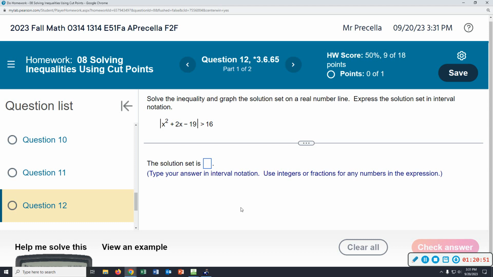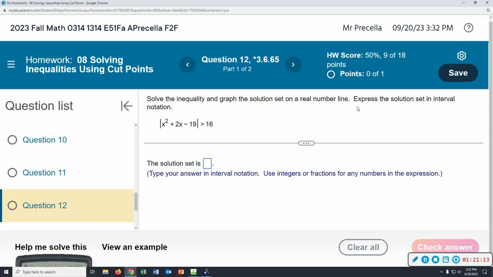Now, are we going to have any denominator cut points here? No. What do I see? There's one thing I see that says use cut points. Every time you see one of these this semester, I'm going to be using cut points to solve it. What is it that says use cut points?